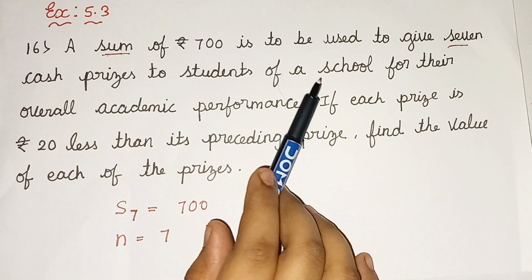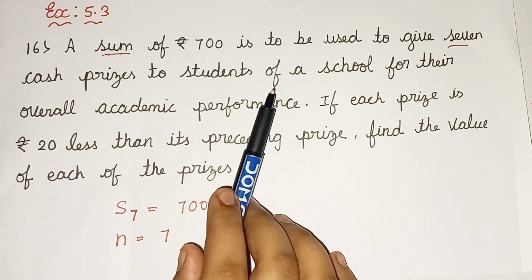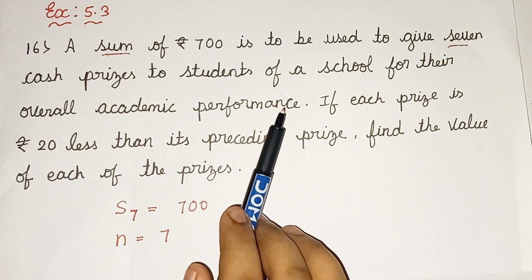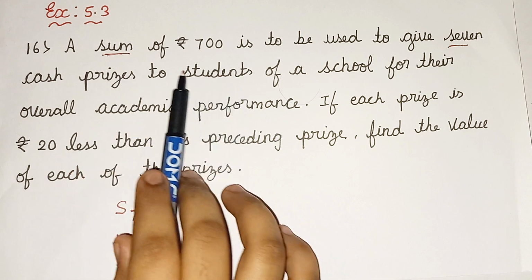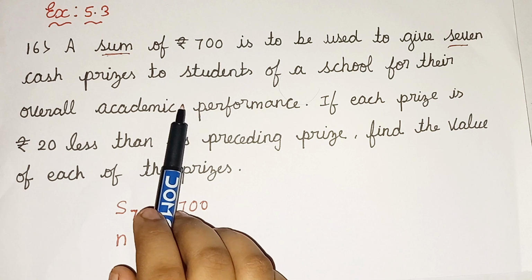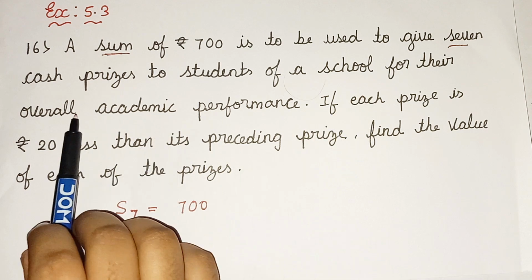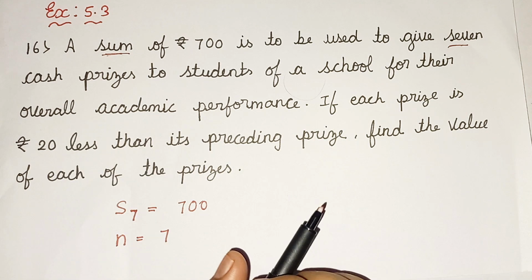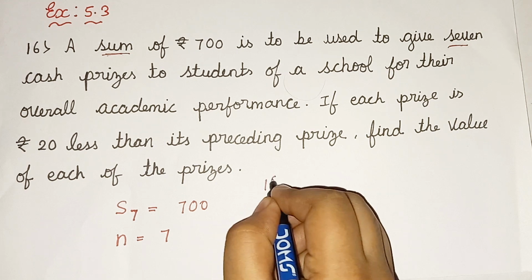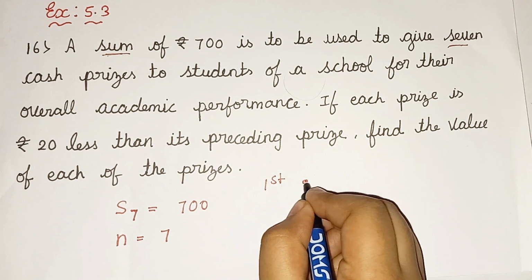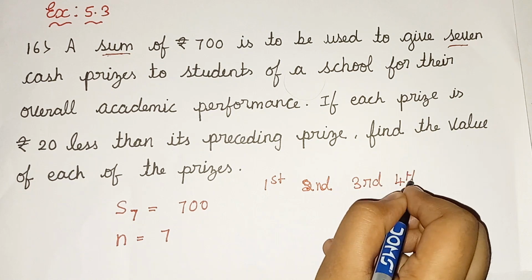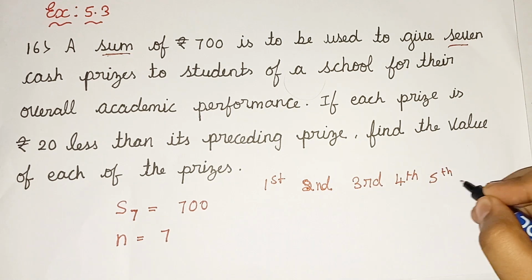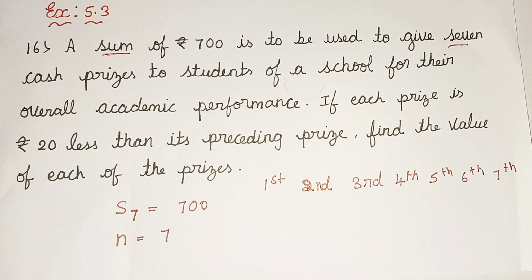Here they didn't mention how much prize they gave for first rank. The only thing they mentioned is sum. Sum means total. Totally they spent 700 rupees. They are giving prizes for 7 ranks, first rank and second rank, and likewise they are giving prizes.